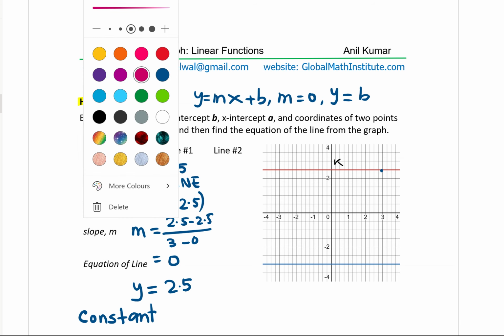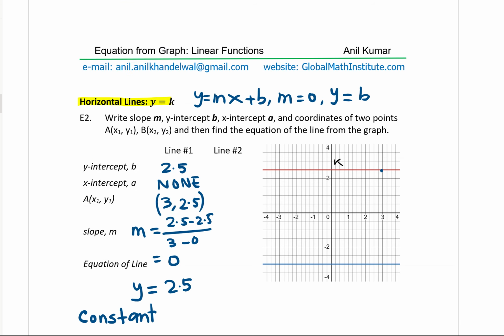Now let's take the second line, which is right there. So we'll call this line 2 now. A point, the y-intercept, is a good point to take here, which is the y-intercept with minus 3. So y-intercept, let me write this as 0, minus 3.